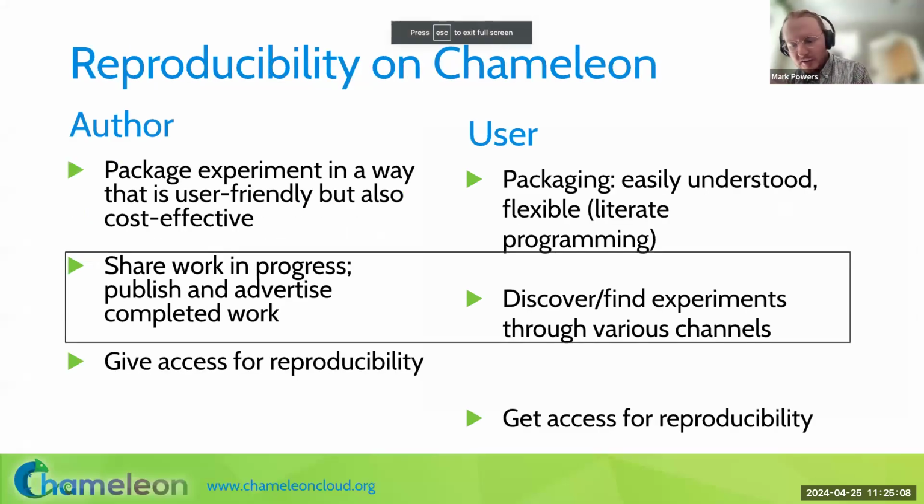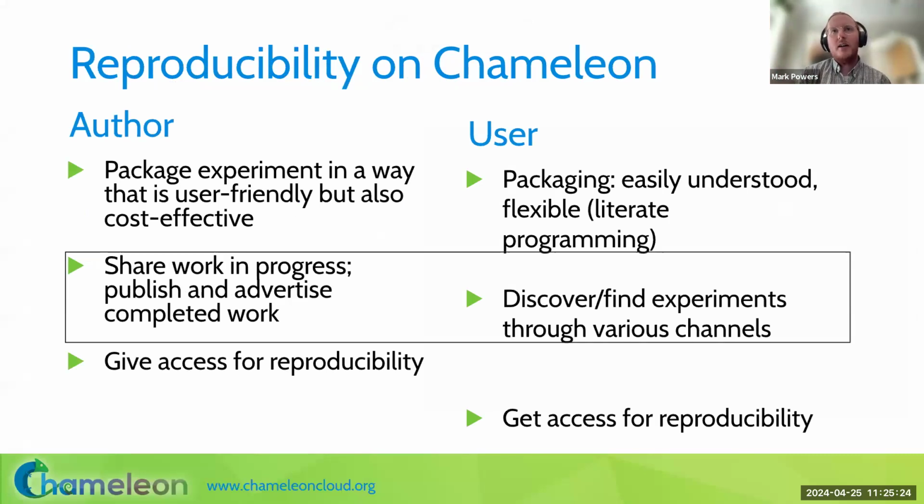The second point of reproducibility that we have tools for is being able to share your work and publish it. And then as a user, you want to be able to find someone else's work that's relevant to you.